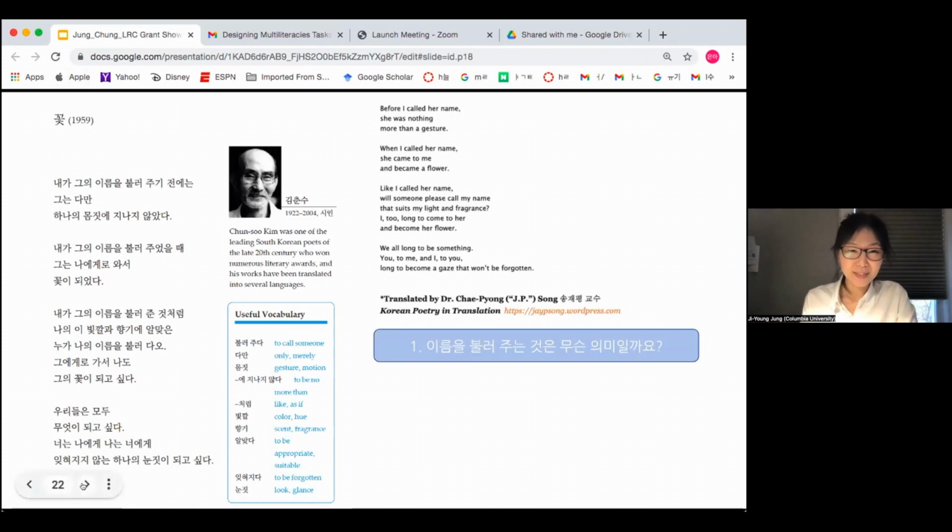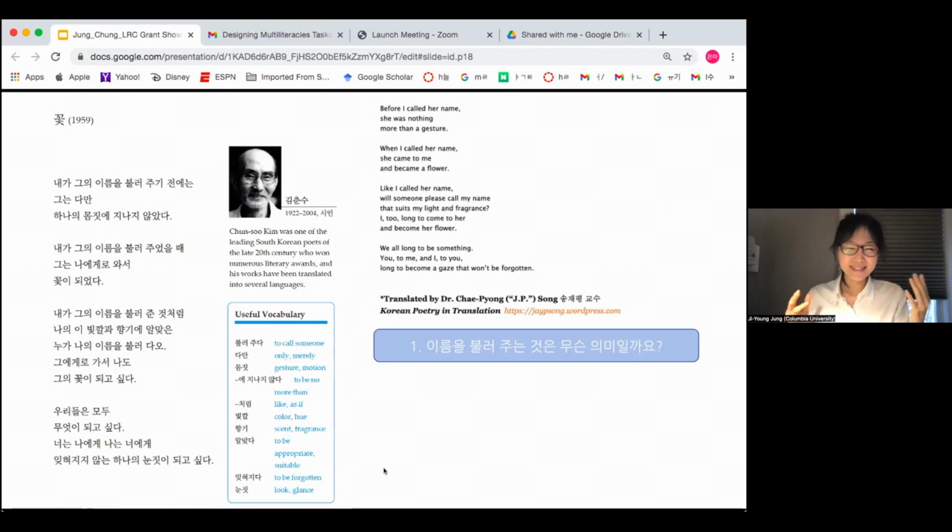And this poem delivers a message about how important interpersonal relationships are, and how the meaning of our own existence is found through relationships with other people.